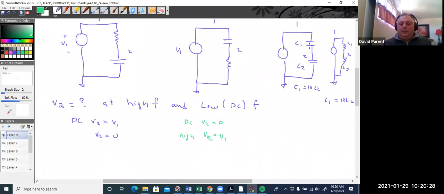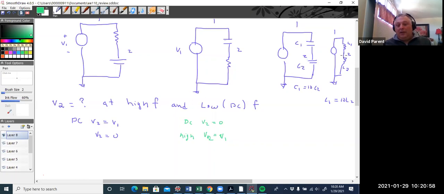Now, these are somewhat trick questions because at low frequencies, both of these are infinite. But as it approaches, you get a ratio of these two capacitors. And as the frequency goes to infinity, they short, but you still get the same voltage due to the ratio of these capacitances.